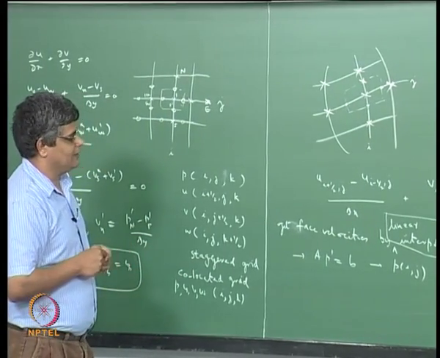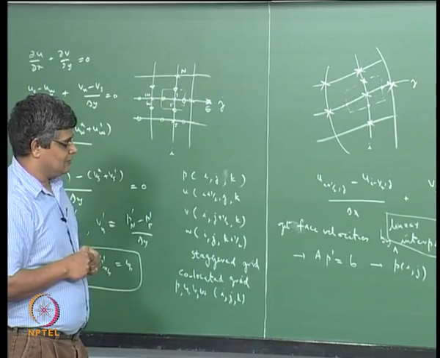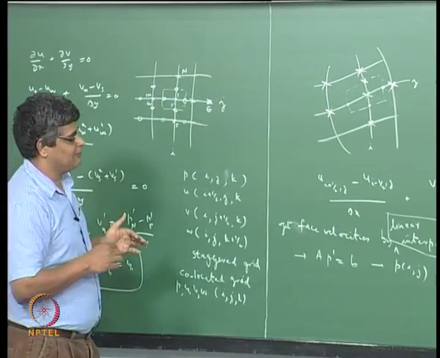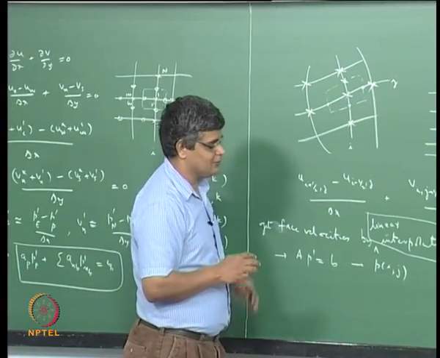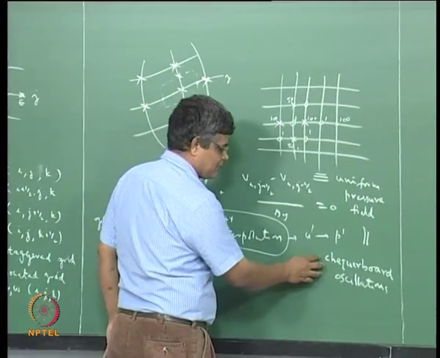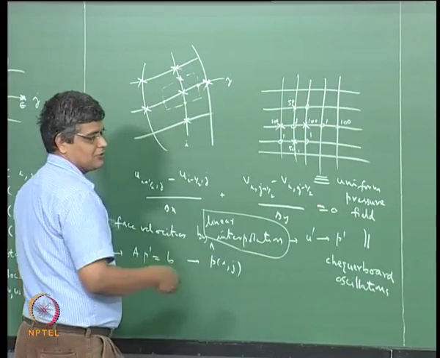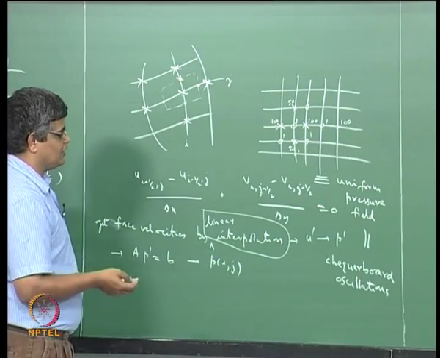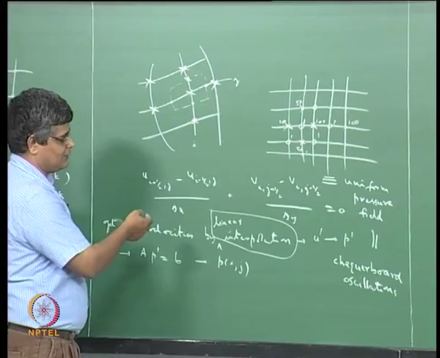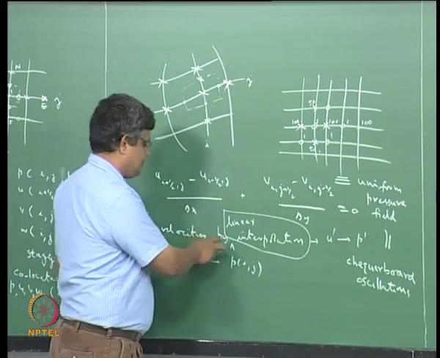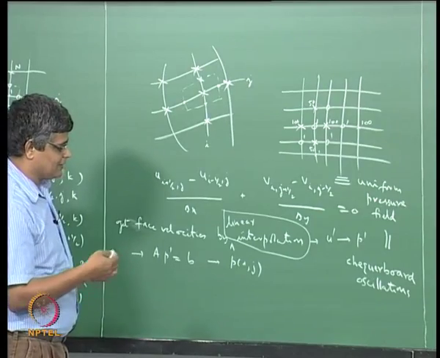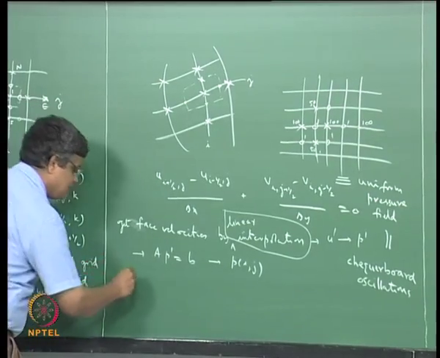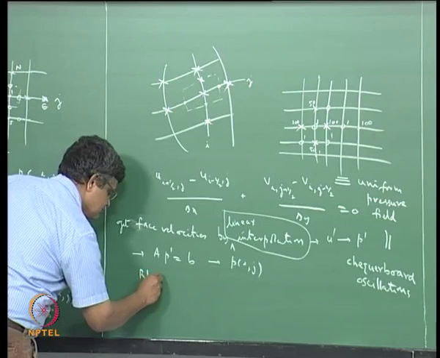So this is where Rhie and Chow come in. The general attempt to deal with these checkerboard oscillations is to introduce a fourth order term in the pressure equation to suppress them, and that particular approach has been formalized by Rhie and Chow.